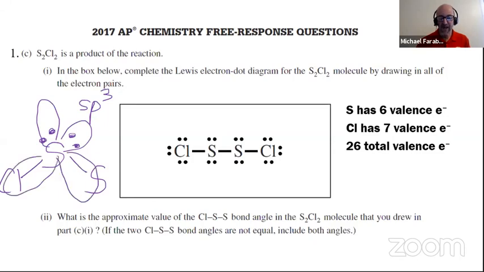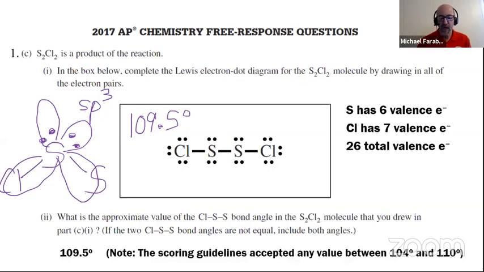So when you have sp3 hybridization and 4 electron domains, the bond angle should be 109.5. Now, it might be a little bit less than 109.5 because of the compression of the bond angles with those lone pairs, but the AP exam scoring guidelines accepted any value between 104 and 110 degrees. 180 degrees was not accepted in this case.